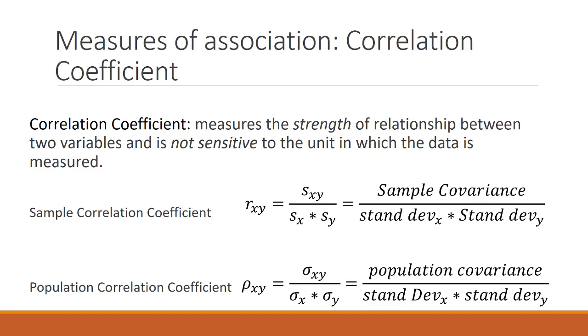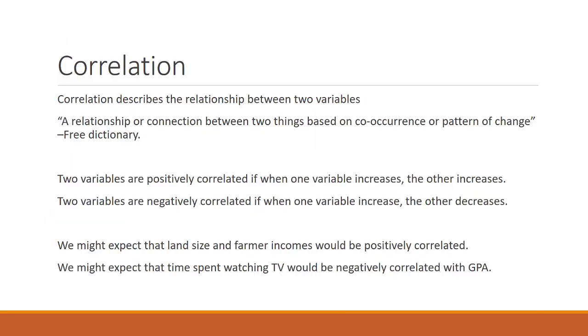We might expect that variables that are correlated with each other are closely related. If two variables are strongly correlated, that indicates they might have a real relationship, that they're really related in real life, just like we said with land size and farmer incomes.